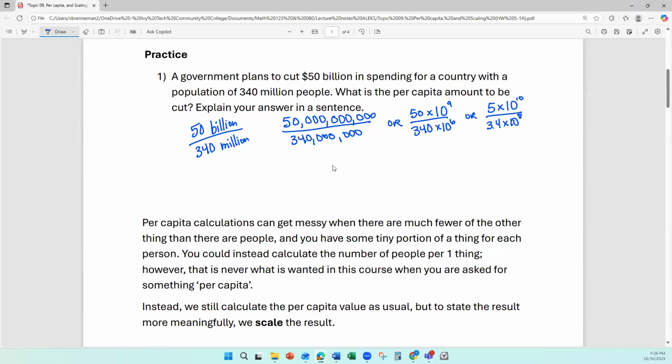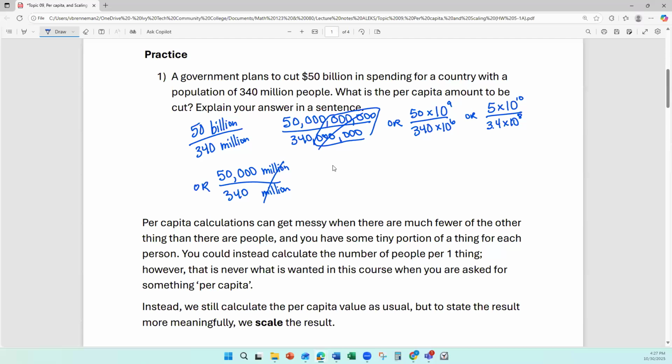You could also adjust, just do that level type of adjustment. So you could have 50 billion and just go down a level. Adding 3 zeros would be 50,000 million, and then 340 million. So once those match, they can cancel. If you do write it out with zeros, as long as you have a zero on top, zero on bottom, they can cancel out.